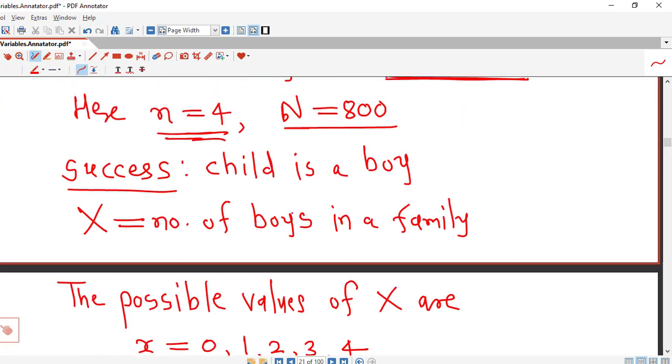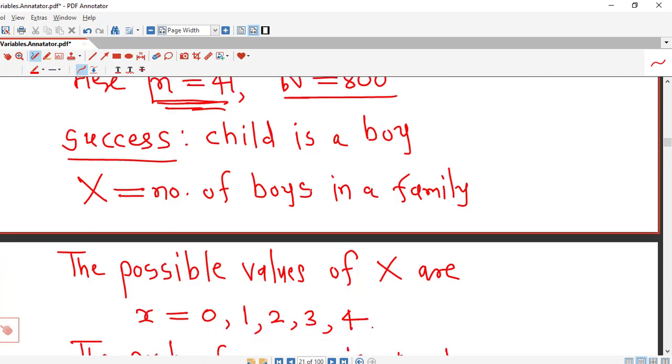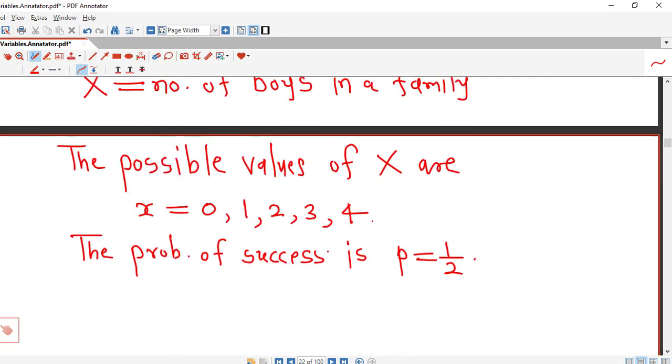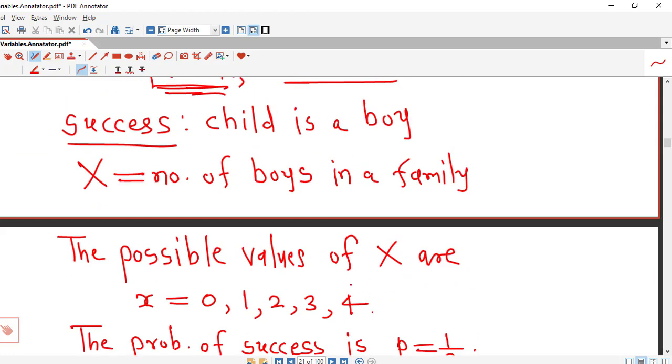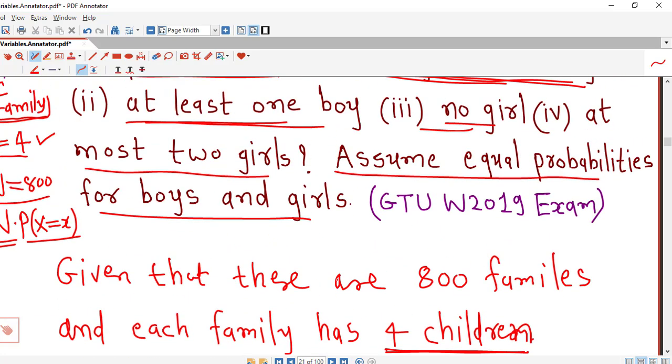So we can see this is a binomial random experiment because the number of trials is 4, they are finite, also they are independent, and for each child there are only 2 possible outcomes, either a boy or a girl, and the probability of success is 1/2 for each. So all the conditions of a binomial random experiment are satisfied.